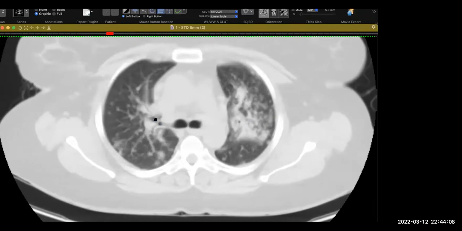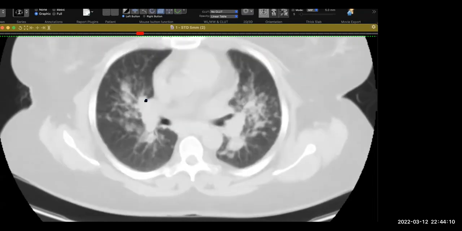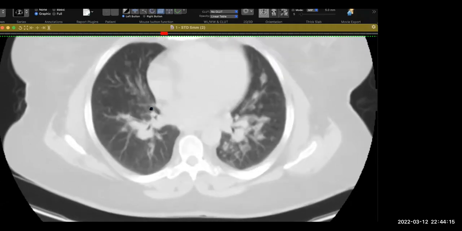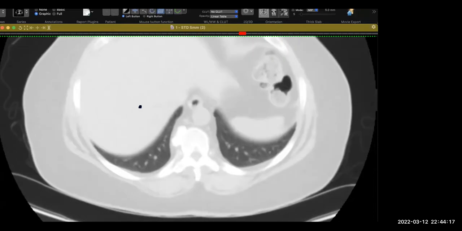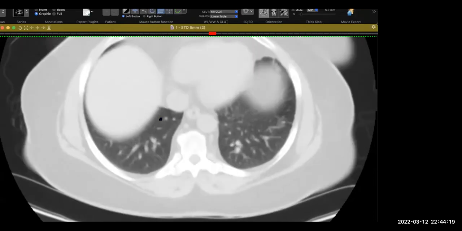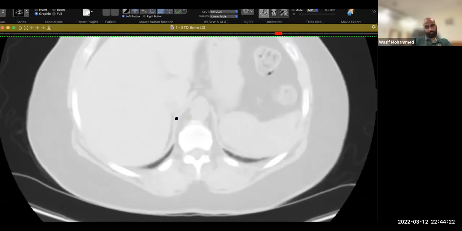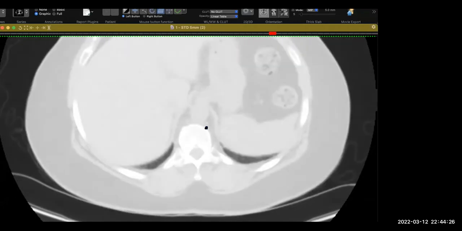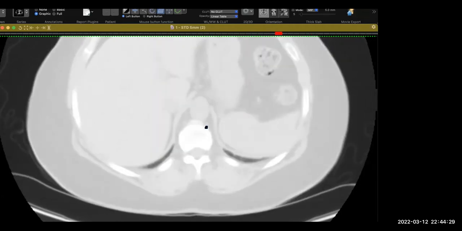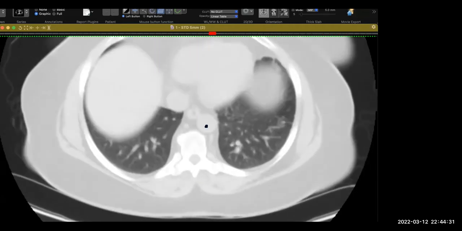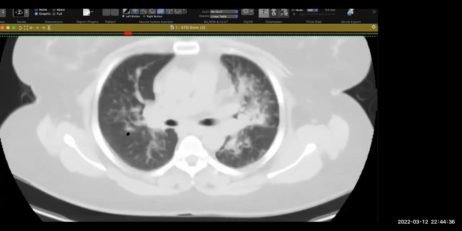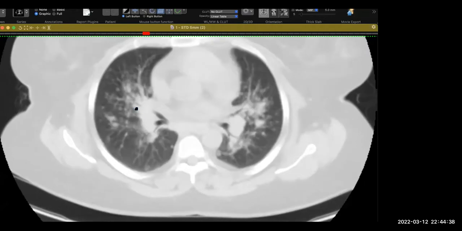And in some areas, I can also see along the fissures, there looks like perilymphatic nodularity. Sorry, I'm just scrolling the wrong way. Okay, yeah. So these areas, they're also showing some nodular pattern along the fissures.